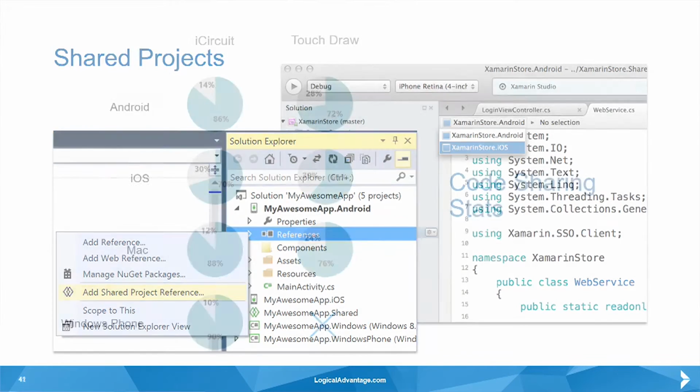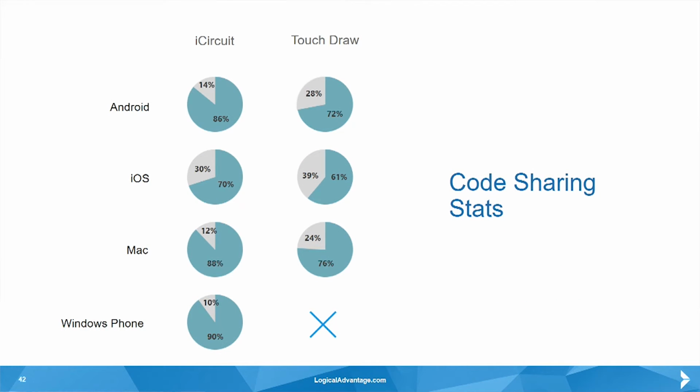And here's some code sharing stats using just 2 example applications. iCircuit is an iPhone app, or I guess iPhone and Android and Mac and Windows Phone, that in some cases shares 90% of its code with the other platforms. So these are real apps, and you can see how much code they're sharing across different platforms. Any questions about this so far? I know I'm going kind of fast because I had a lot of material.